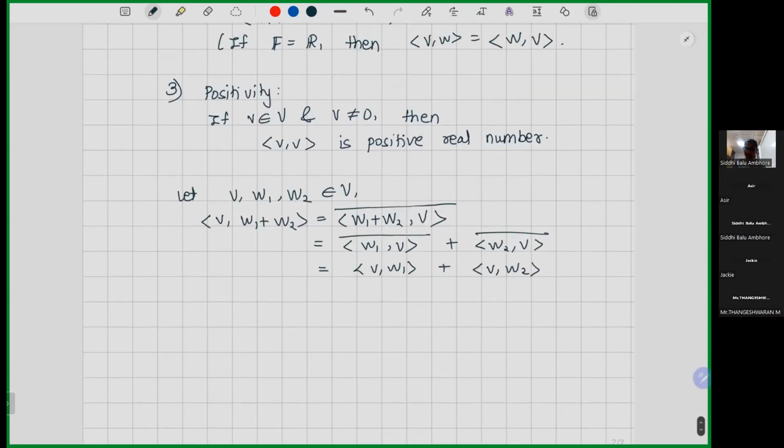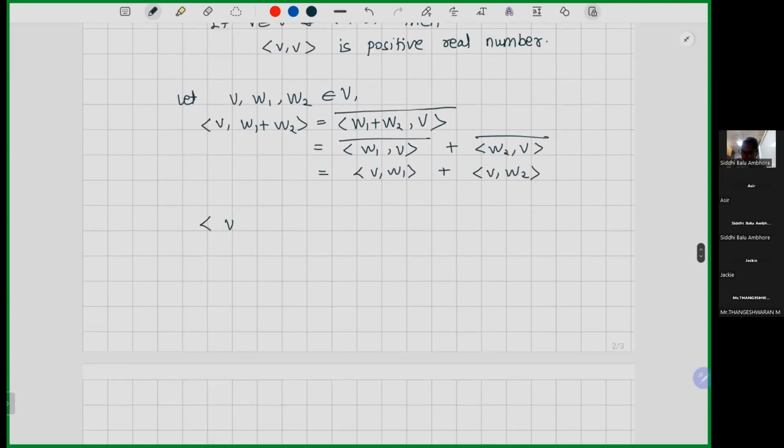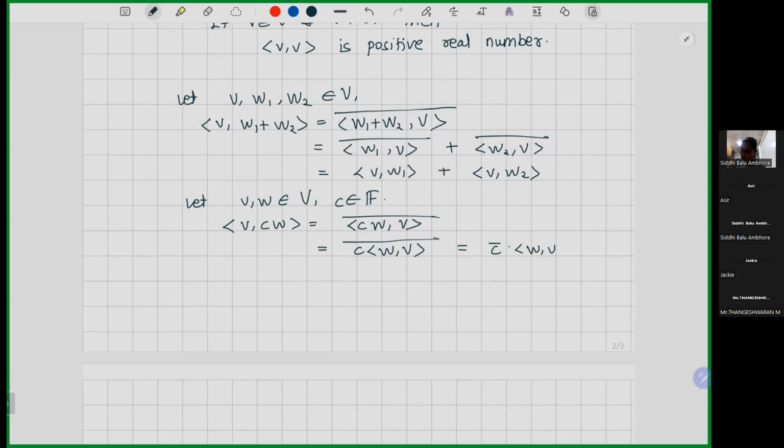So addition splits nicely, but when we have scalar multiplication in the second variable, then it becomes, so let V comma W in V and C be in our field, then V comma CW is now the conjugate of CW comma V, but then it is C conjugate into the conjugate of W comma V, which is V comma W. So when we take out a scalar from the second coordinate, then it becomes conjugate.